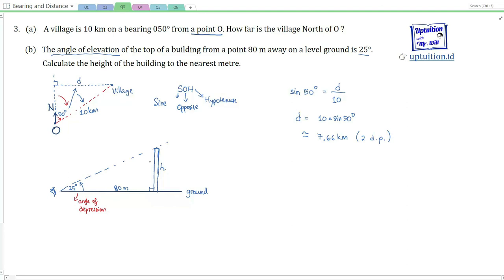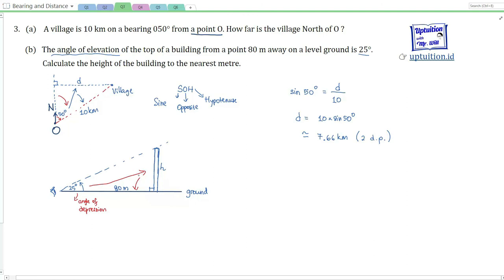Again, you can use trigonometry in this case. We know the angle. We want to find out the opposite side, but we are given the adjacent side. So you're going to use opposite and adjacent.